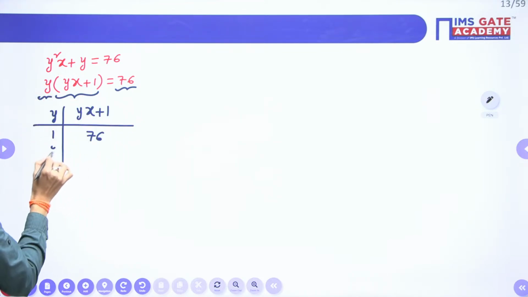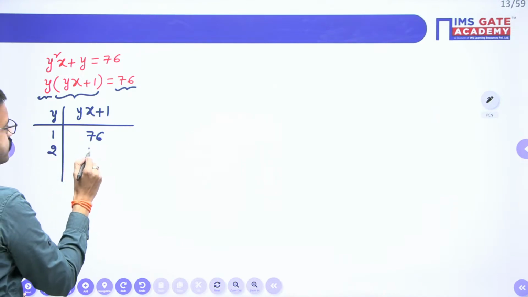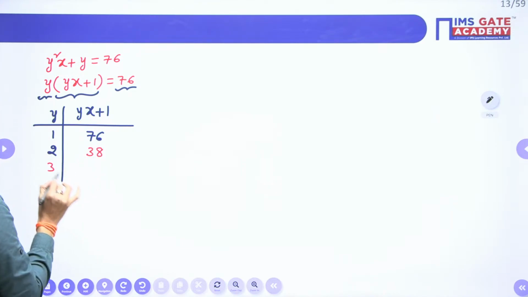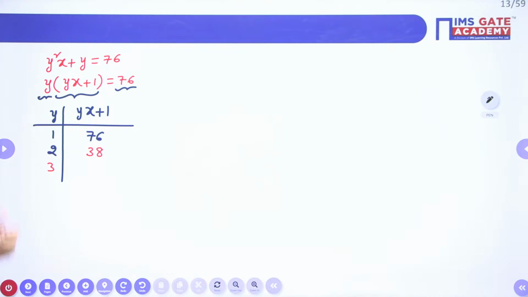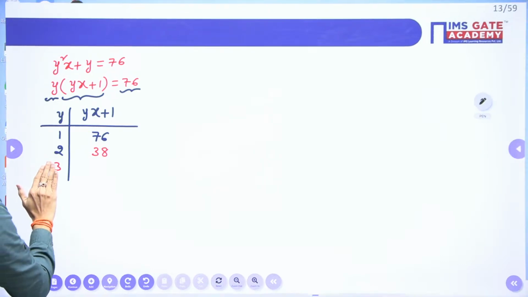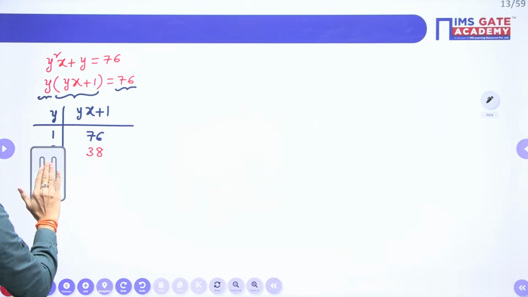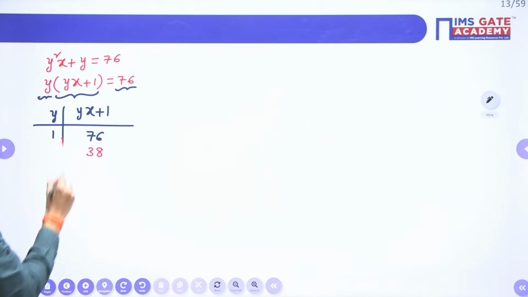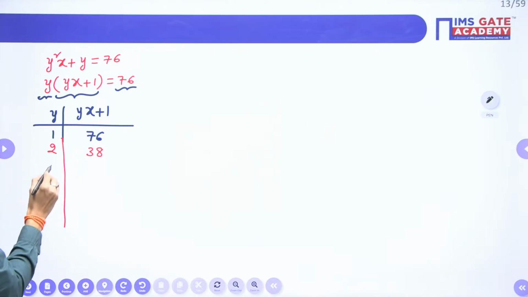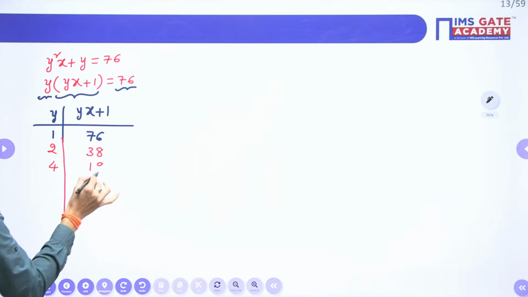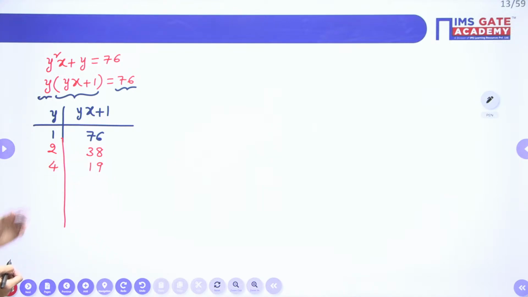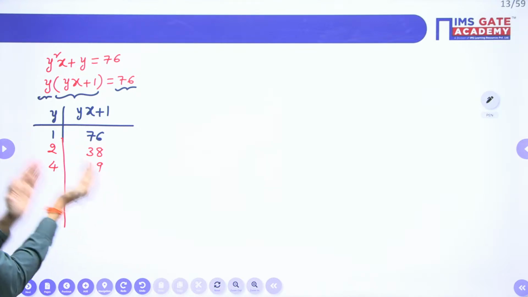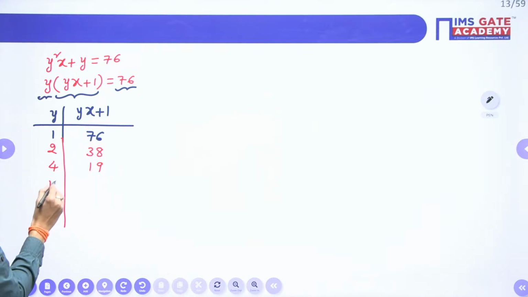Similarly for 2, 38. Similarly 3, is it possible? Not possible, because 76 by 3, you won't get an integer number. Then go for 4, yes, it is possible, 4 19s. In this way, if you further proceed, just you have to reverse this combination.